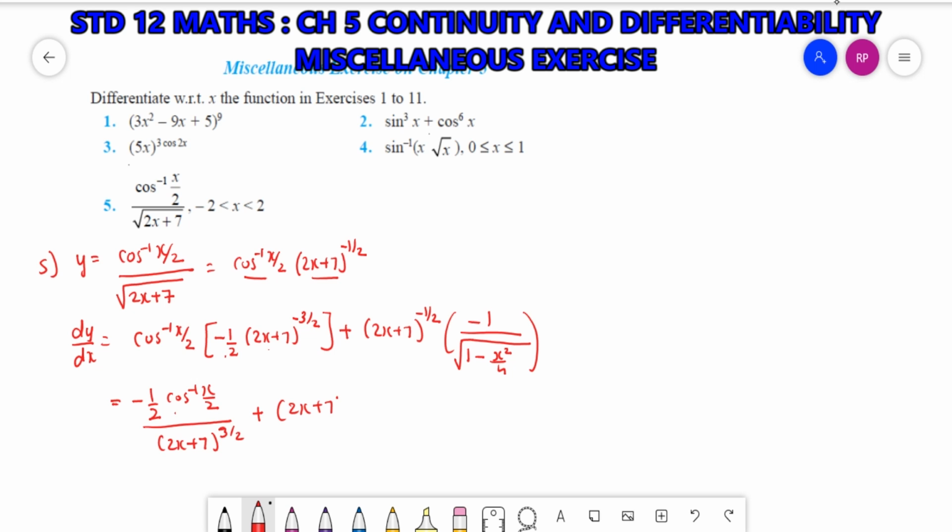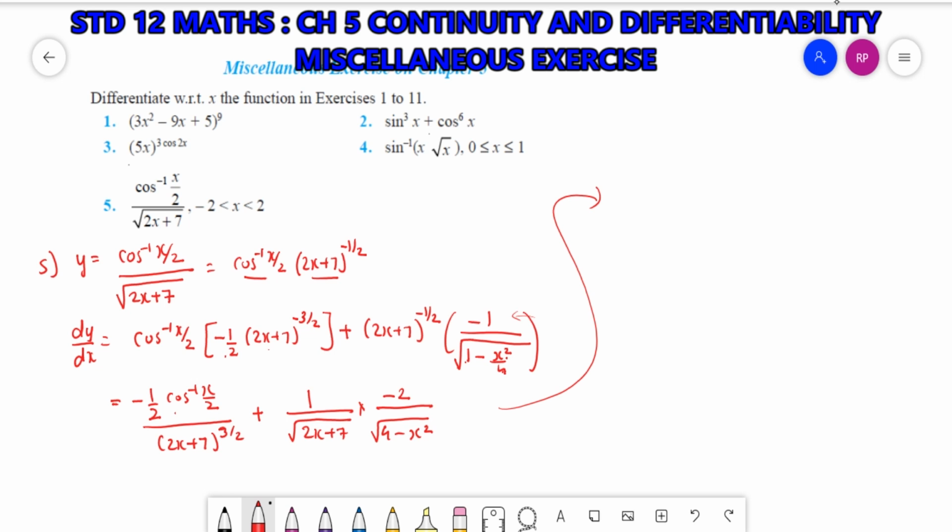Now as it is whole raised to minus 1 by 2, I can take it in the denominator, 1 upon square root of 2x plus 7, into, now this will be 4 minus 1, so square root of 4 is 2 and it goes into the numerator, so minus 2 upon under root of 4 minus x square.